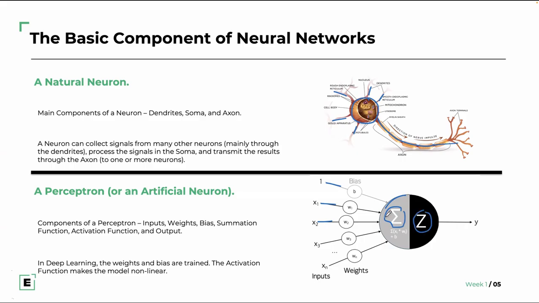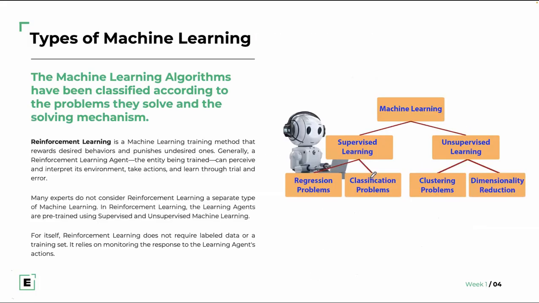After applying the summation function and activation function on the input, we produce the output. So this is what a neuron looks like. When I put together many such neurons, it becomes a neural network. We'll discuss this in much more detail, but for now, just understand that we are trying to mimic the human system in the machine.